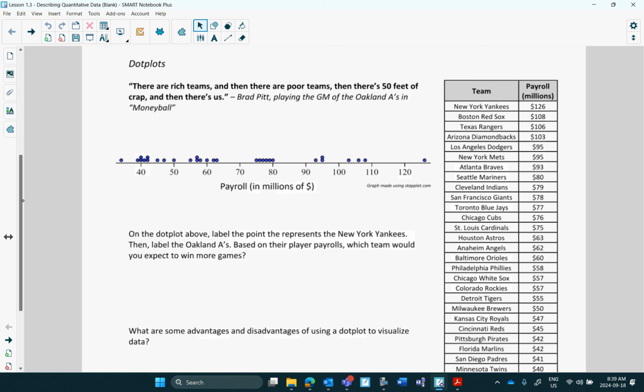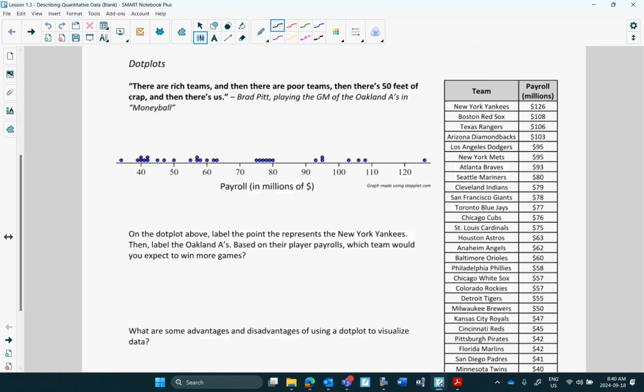In this payroll example, we've taken all these numbers and put them on the dot plot, ranging from 30-something to over 120 million. This gives us a chance to analyze the data. We can see there were teams that had the same payroll 4 times, 1, 2, 3, 4. Otherwise, it was pretty spread out.